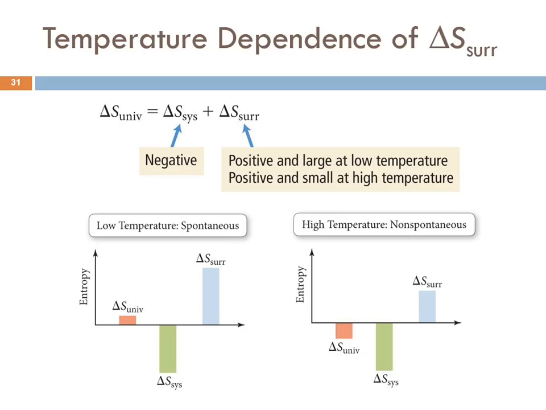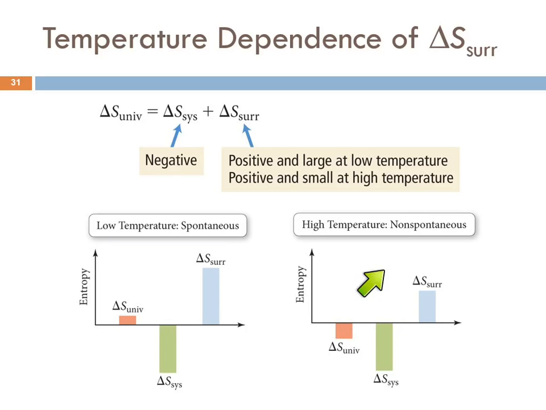The change in entropy for the surroundings is going to be positive at any temperature, but it's going to be larger at low temperatures and smaller at high temperatures. So here in a low temperature situation, the change in entropy of the surroundings is large. And at a high temperature, the change in entropy for the surroundings is smaller.